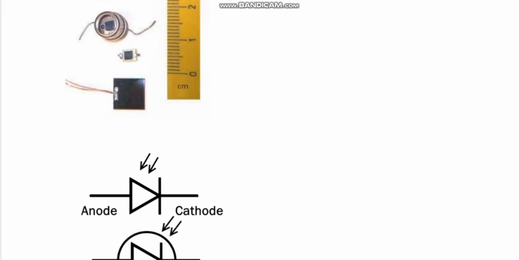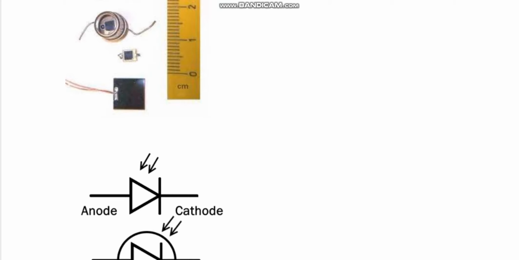When light strikes the PN junction, it creates an electron-hole pair. This electron and hole flow out as electrical current. To increase its efficiency, a PIN junction diode is used. A photodiode is used in reverse bias and can be used in solar cells.